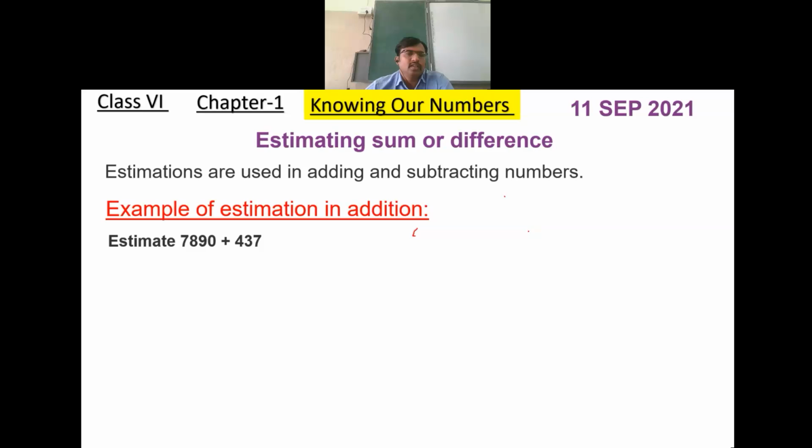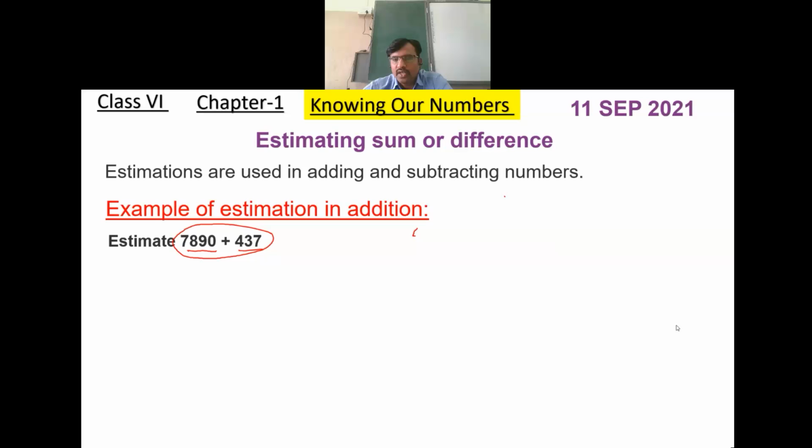Suppose you have a question like estimate 7,890 plus 437. We are not going to add them directly. Instead, we will round off the number. The question comes whether to round off to the nearest 100 or 1000. When the number of digits are different, you have to think a bit.